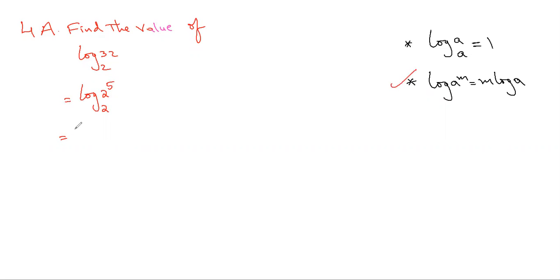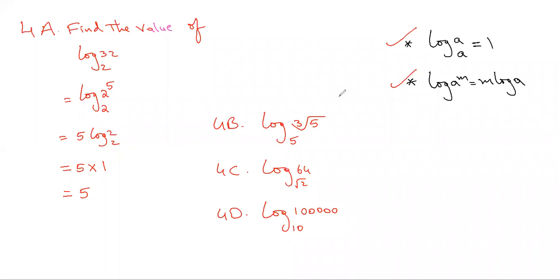This time from LHS to RHS, 5 log 2 base 2, and 5 into log 2 base 2. This time you need to use this formula, which is 1. So 5 times 1 is 5, right? You can try these problems using the similar logic, the same logic.